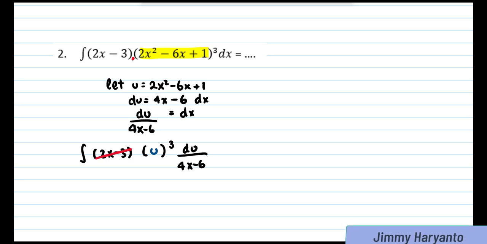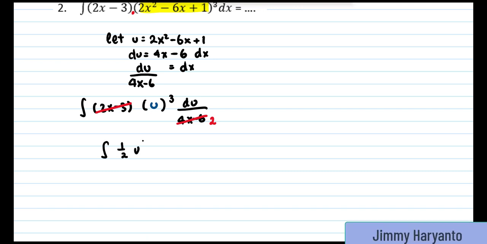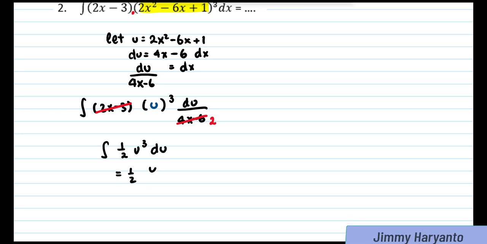And then as you can see, 4x minus 6 is twice the 2x minus 3, so we can cross it out. It will leave 2 at the denominator, and then at this point you already have half u to the power of 3 du, and then you will integrate it like this, u to the power of 4 over 4, and then plus c.